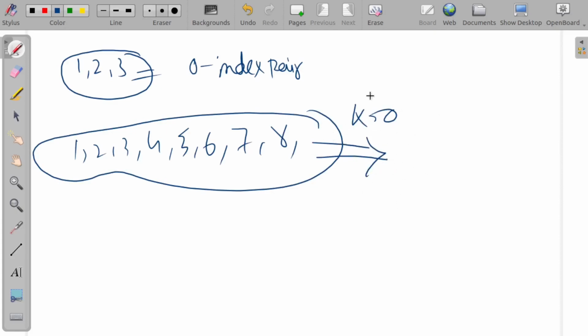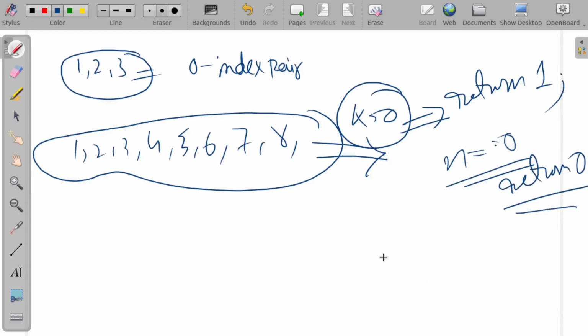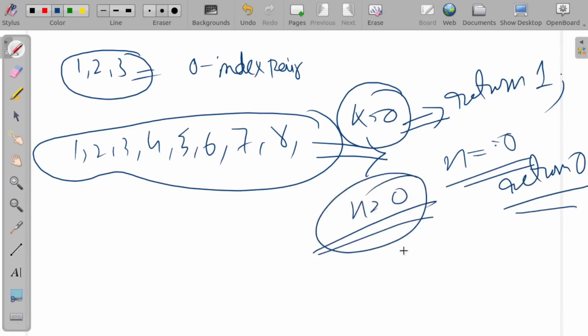That is why when k is 0 it will always return 1. And when n is 0 it returns 0, because when n is 0 there is no element in the array, so it is not possible to make k inverse pairs.